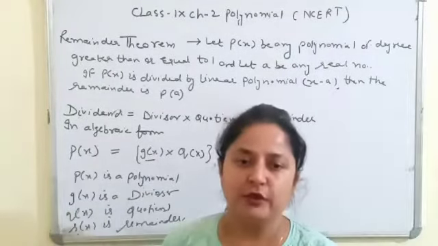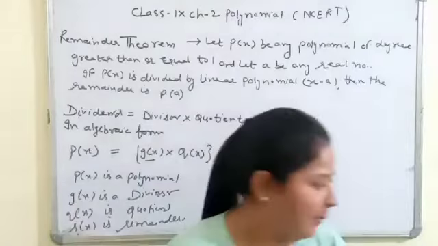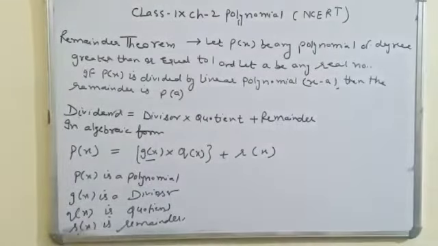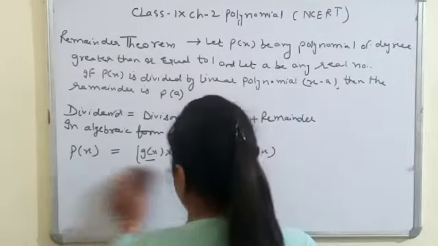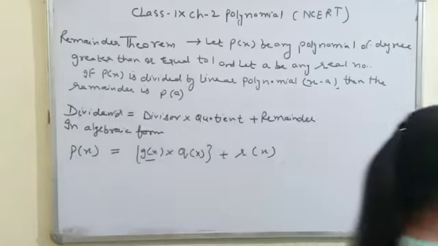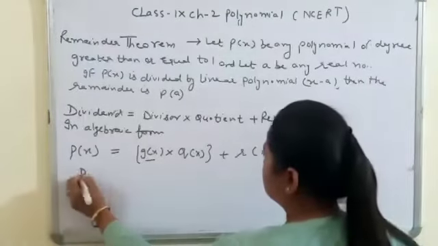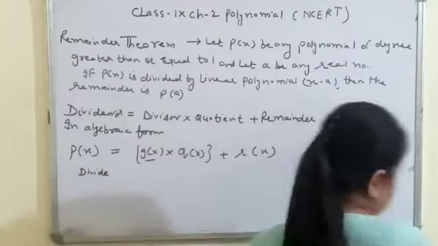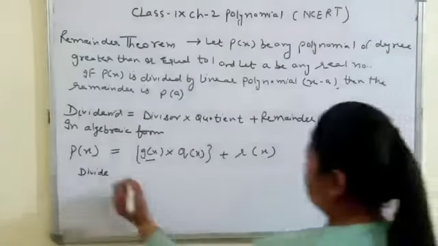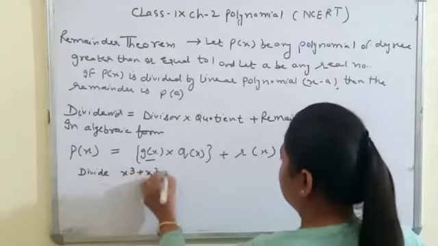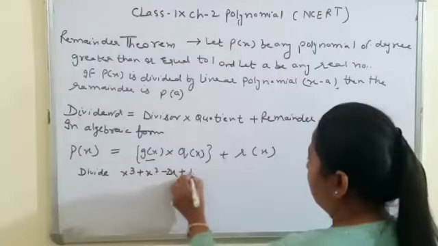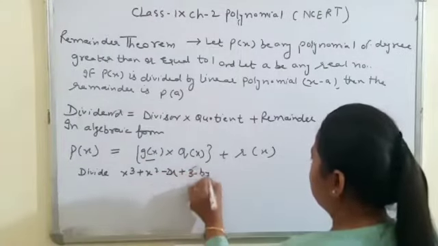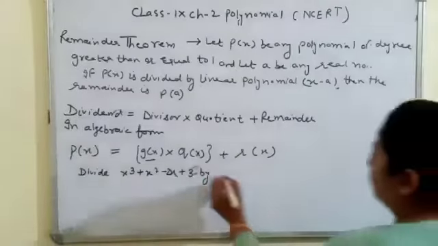Now firstly I am going to explain this by giving an example. Let's write one example by using this algebraic form. Suppose we have to divide x cube plus x square minus 2x plus 3 by x minus 1.